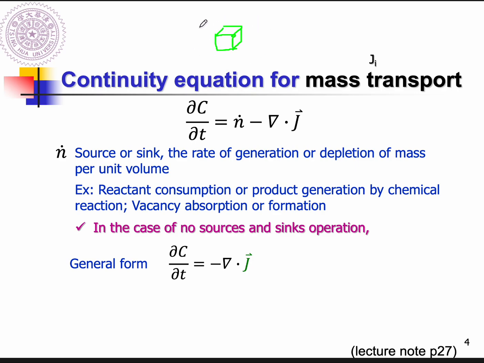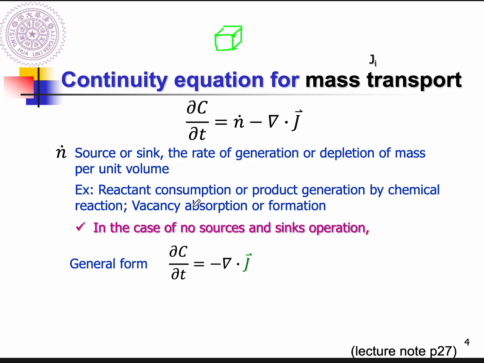flux from surroundings. Generation or depletion means there's probably a chemical reaction happening inside these materials, so diffusing atoms are generated inside this box or consumed inside this box.